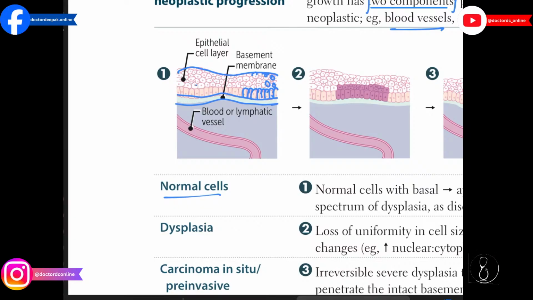The nucleus has a normal size and the cytoplasm has a normal size. This is the basic thing a normal cell and a normal tissue have: a normal basement membrane, a good sequence, discipline, and a normal nuclear and cytoplasmic relationship.